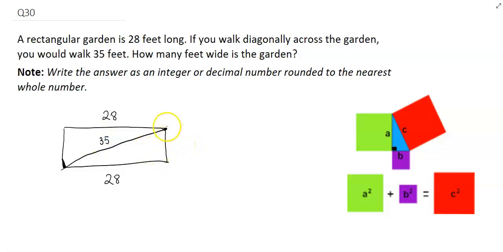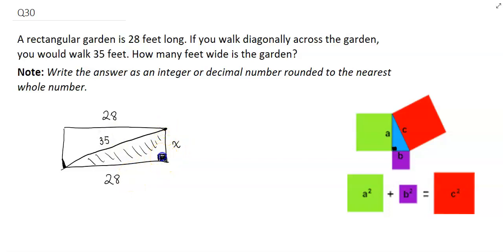And now they want to know what is the width of the garden. What is this x here? When I look at the bottom part, I see a special triangle, a right triangle, because a rectangle always has a right angle in each corner. So this 35 is my hypotenuse, and those two, 28 and x, are the legs of the triangle.